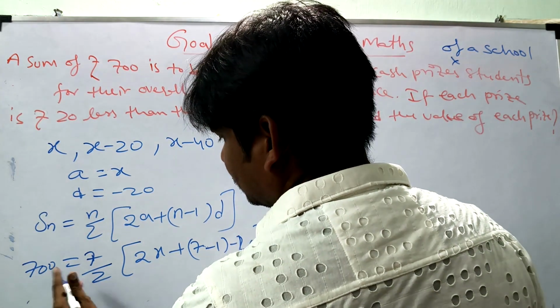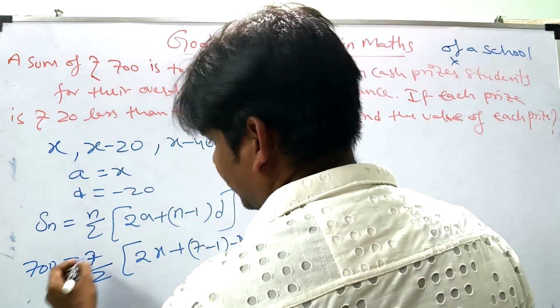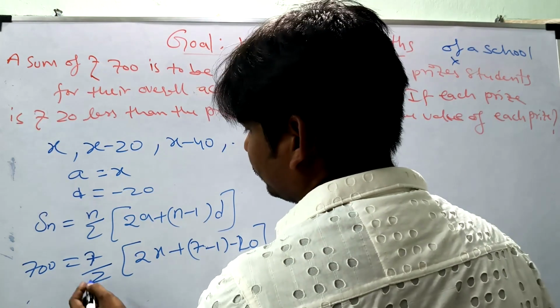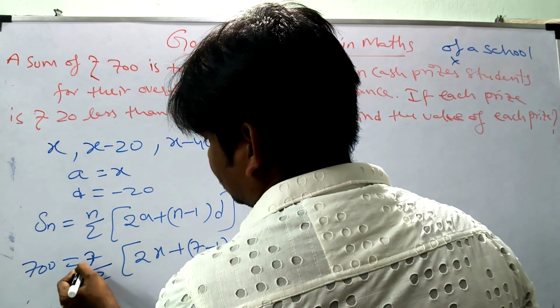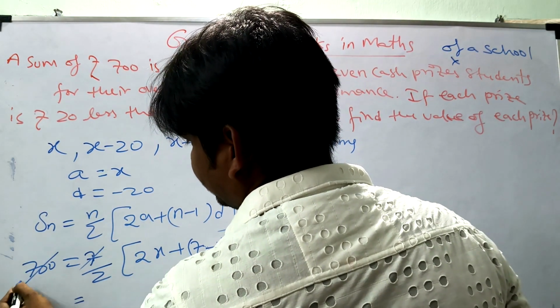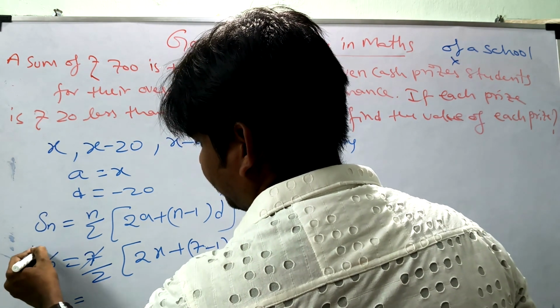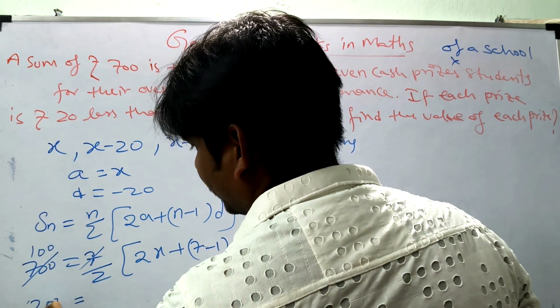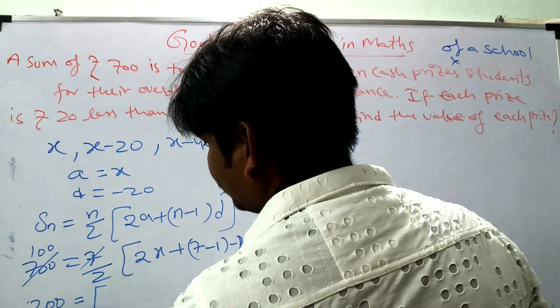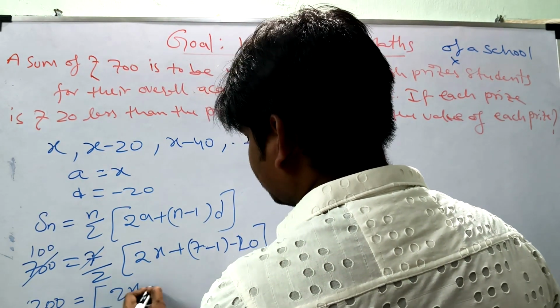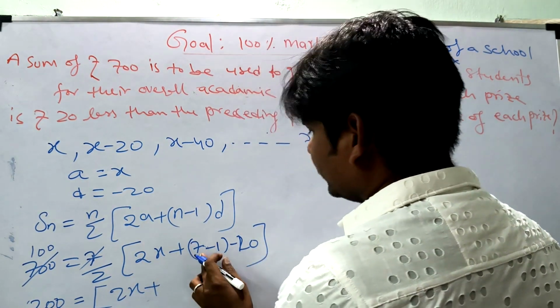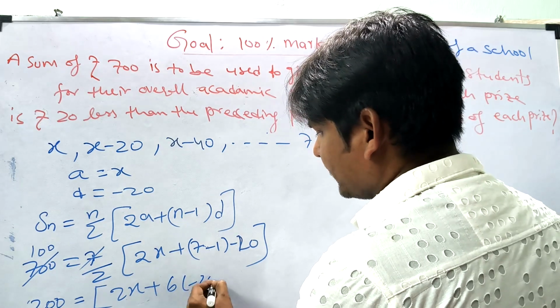Correct? Otherwise you can do cancellation. How many times does it cancel? 100 times. 2 into 100, 200 simply. Now 2x plus 6 into minus 20.